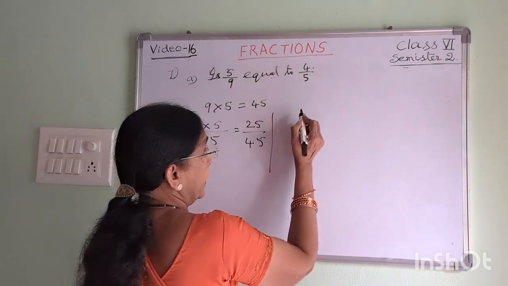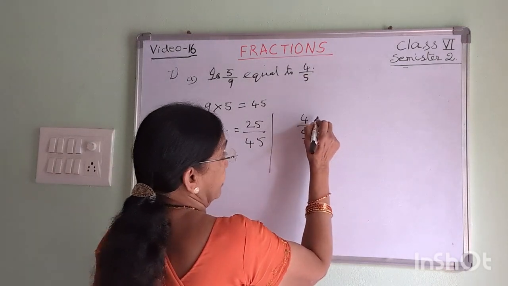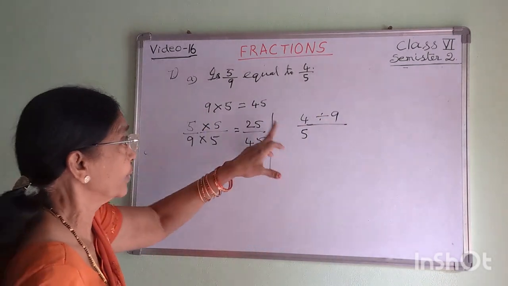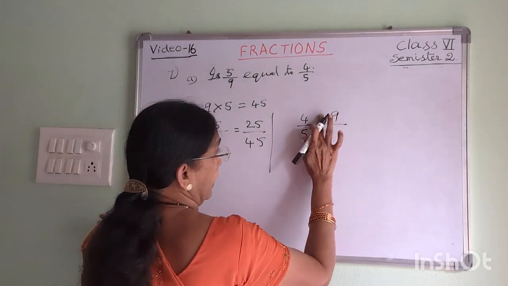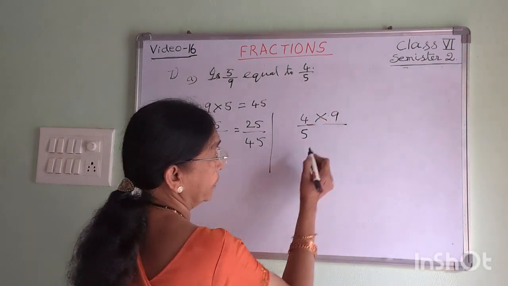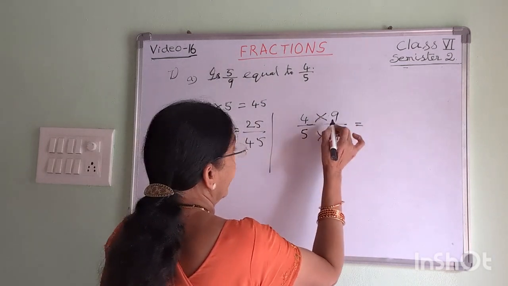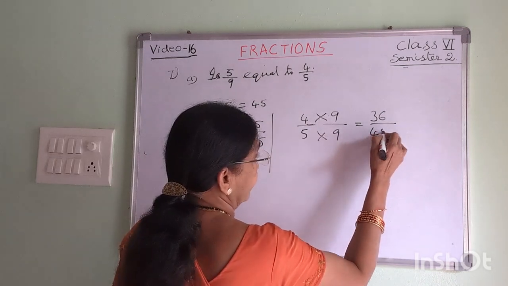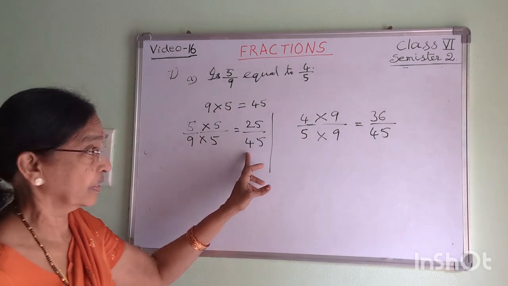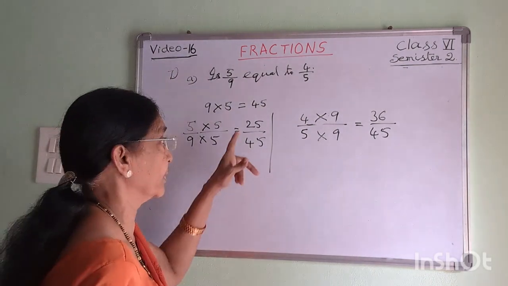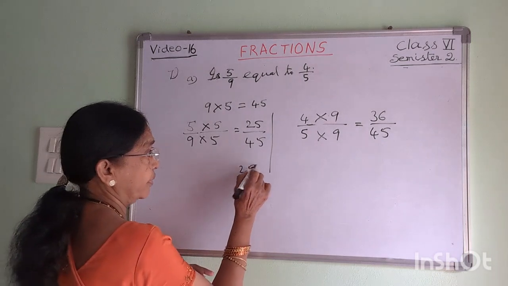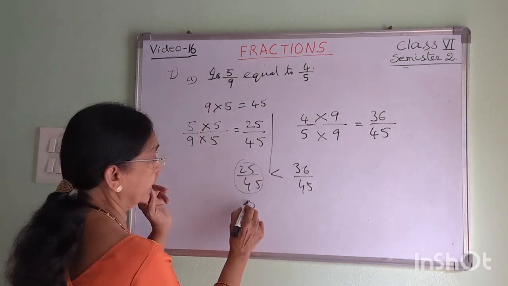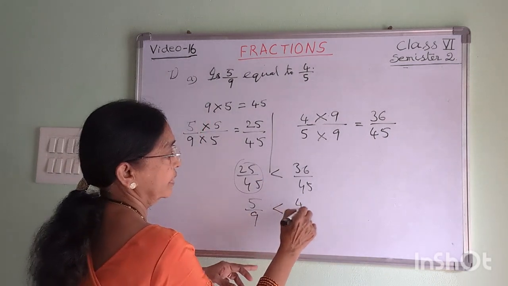Similarly, if we multiply the other fraction, both numerator and denominator by 9, we get 4 nines 36 by 5 nines 45. Thus we get like fractions and we can compare. 25 by 45 is less than 36 by 45, and this is equivalent to 5 by 9. 5 by 9 is less than 4 by 5.